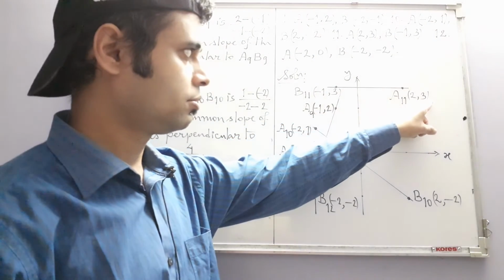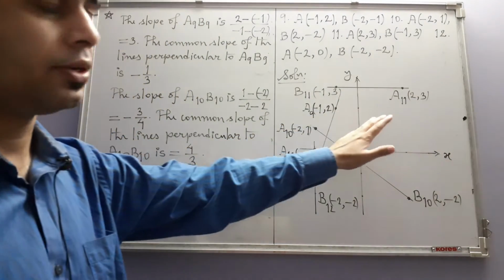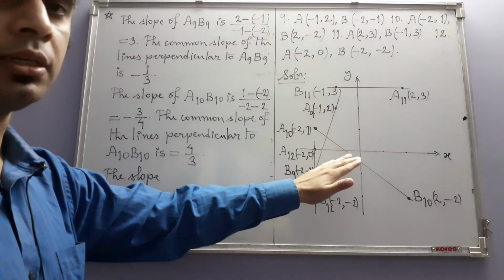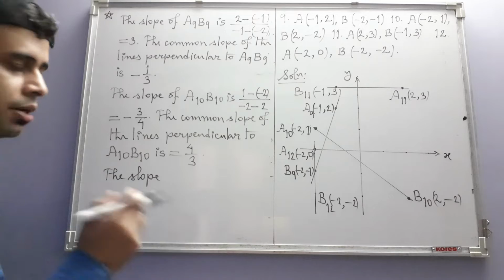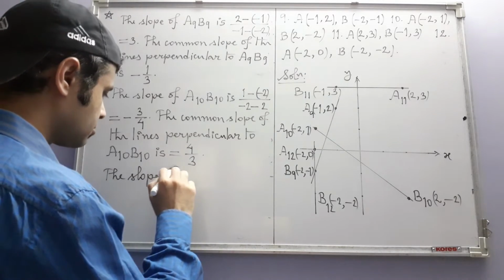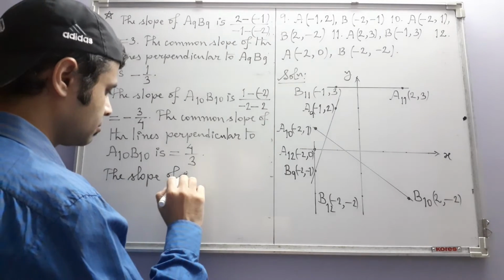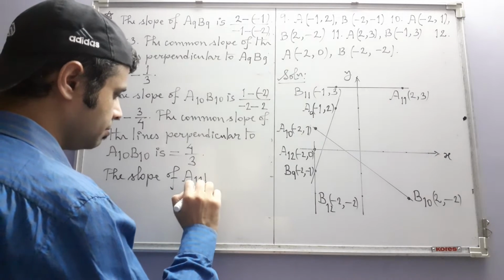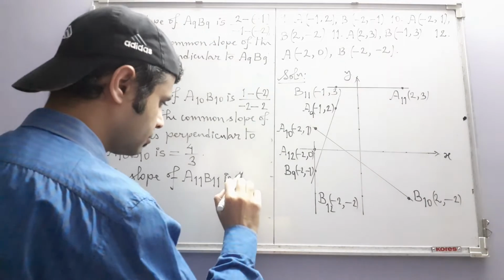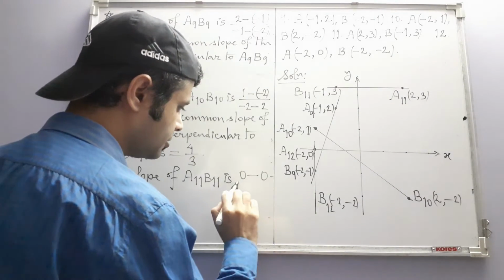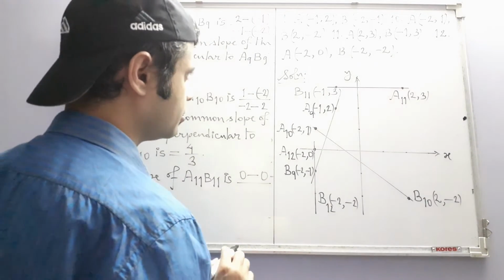You take the y increment is 0, you will divide the y increment by the x increment, so the ratio will be 0. The slope of A11 B11 is, you can either directly write 0 or you can show the formula also.